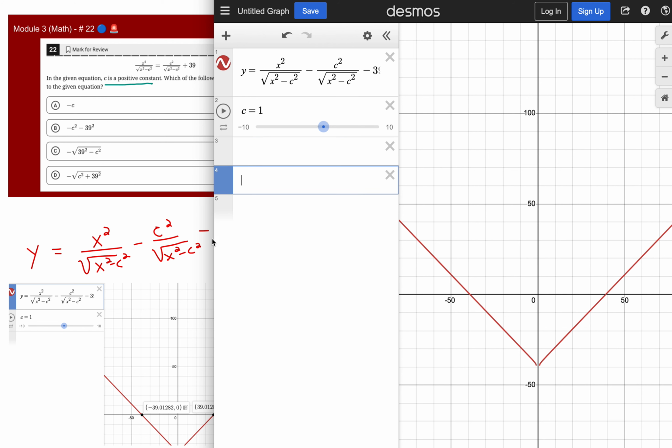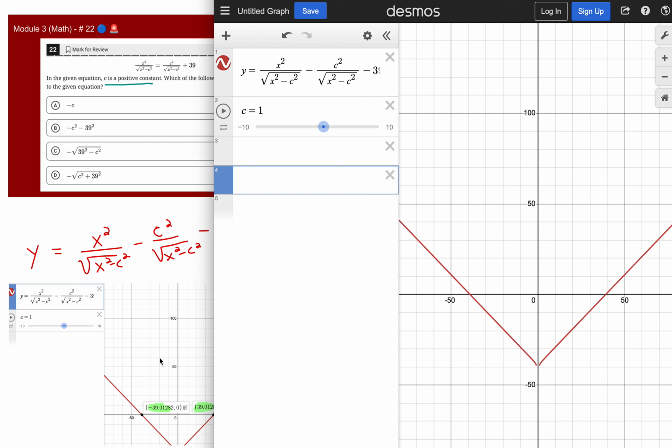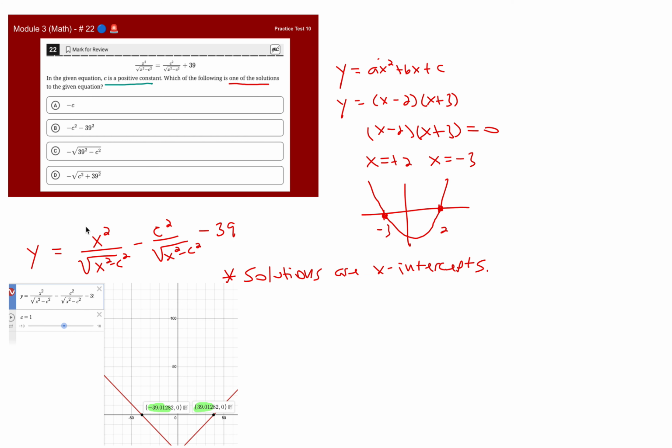If I plug in negative c, that's not going to give me this value right here. So we're trying to get one of these two values, this one or this one, if you can see that. If c is 1, negative 1 times 1 is not going to give me that number, right? So option A can't be the answer.